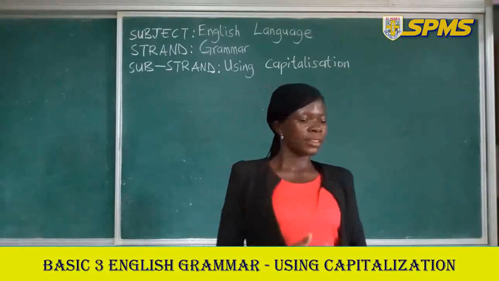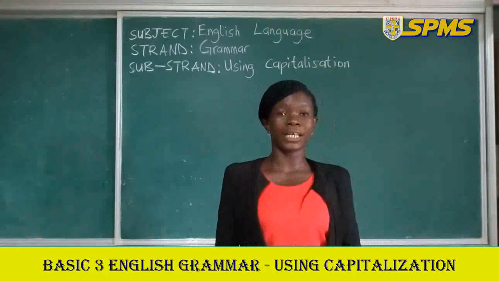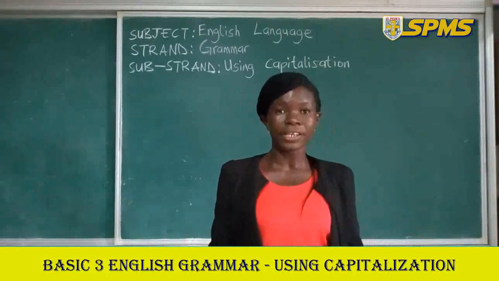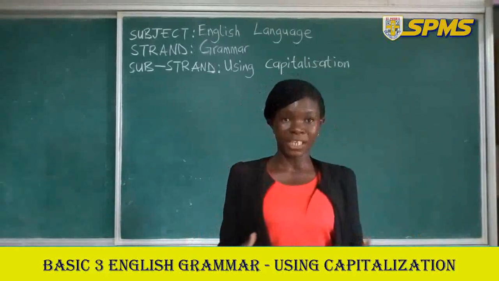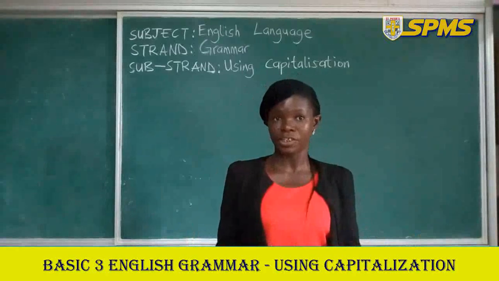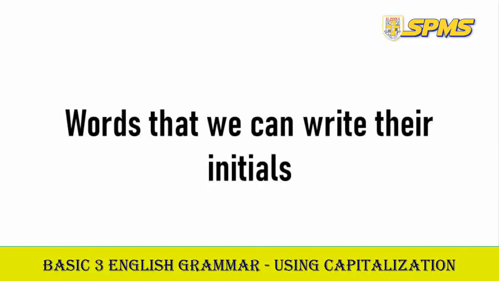Good. Now let's see words that we can write their initials. I said initials are the first letter of each word. So we have words like FDA, Food and Drugs Authority. ECG, Electricity Company of Ghana.